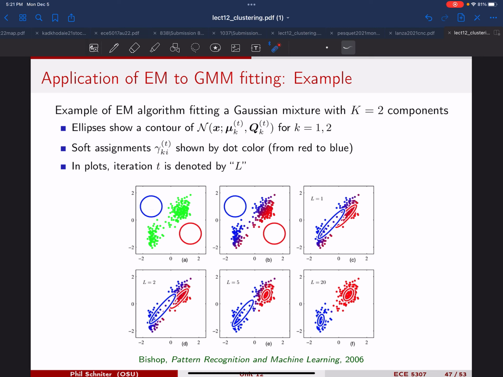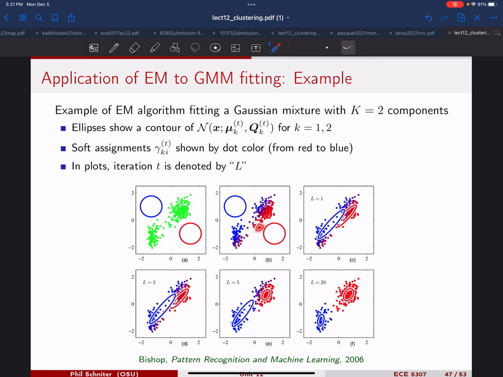And these soft assignments, these gamma ki's, show for each sample i whether that's assigned to this component or this one. We're going to use colors of the dots. So when you see a blue dot, that means the soft assignment indicates that the dot corresponds more to this component.